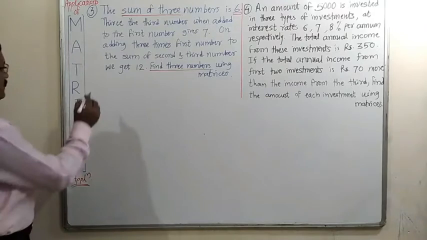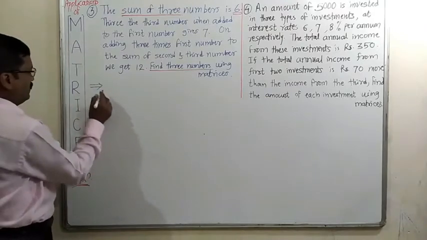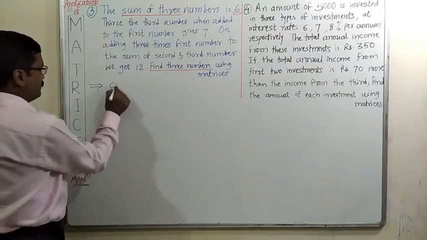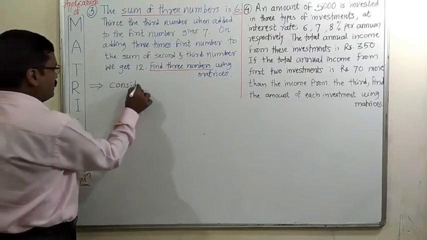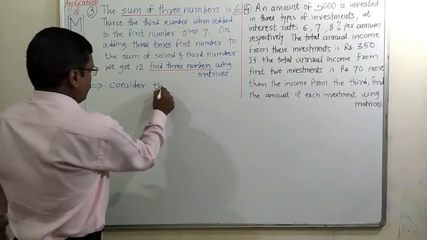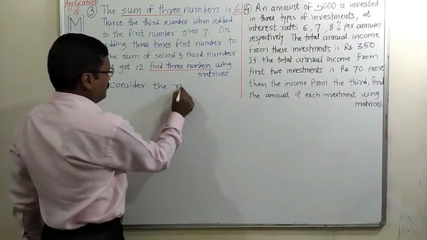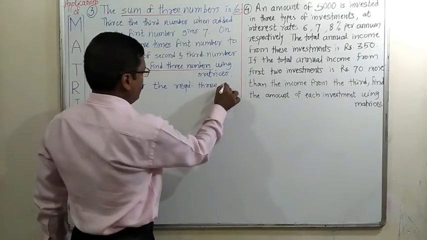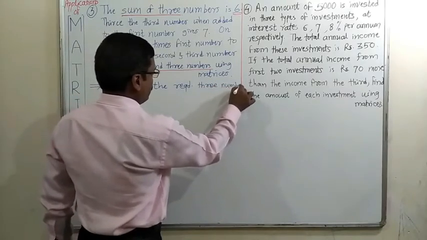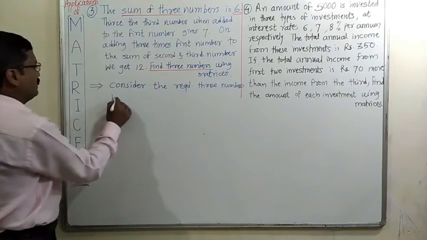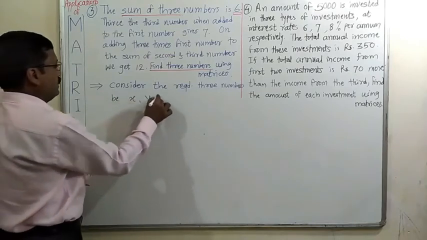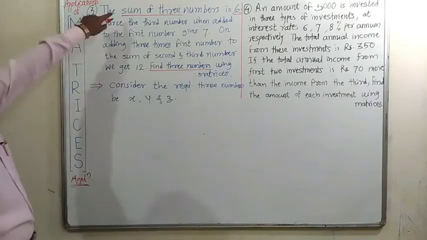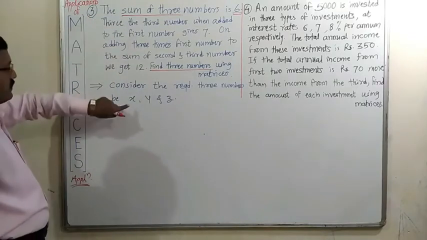So here we will start the solution of this example by considering three numbers as x, y, z. Consider the required three numbers be x, y, and z. Then we can write this first condition in the form of x, y, z.